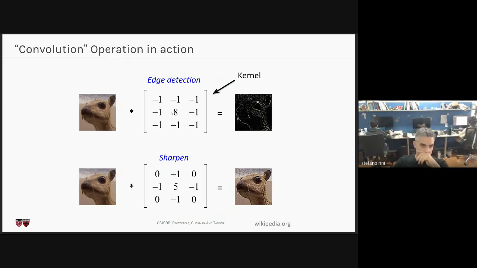So in a sense, if you are at an edge, then there is going to be a lot of variation around a certain pixel. This has the effect of contributing negatively to the original pixel, and that's why your pixel gets a very low value, so it becomes white. Wherever the value around you is almost constant, then these other -8 are going to send you to zero, to a very low value, and so you're going to be almost black.